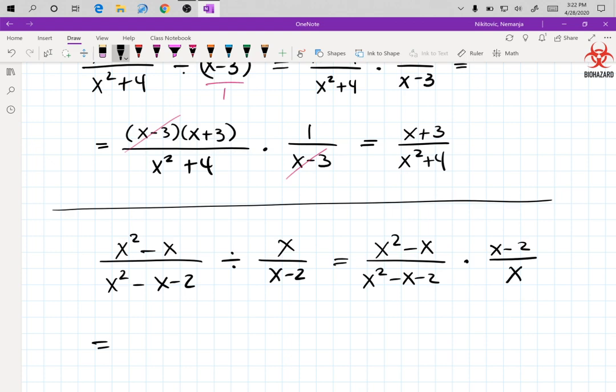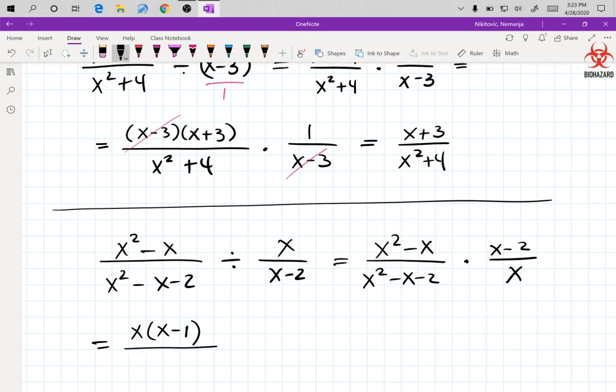And then factor what you can. The top is a basic GCF factoring. So we have x(x minus 1). So when I pull x common, when I take x, 1 stays behind. And when I take the x out, 1 stays behind.